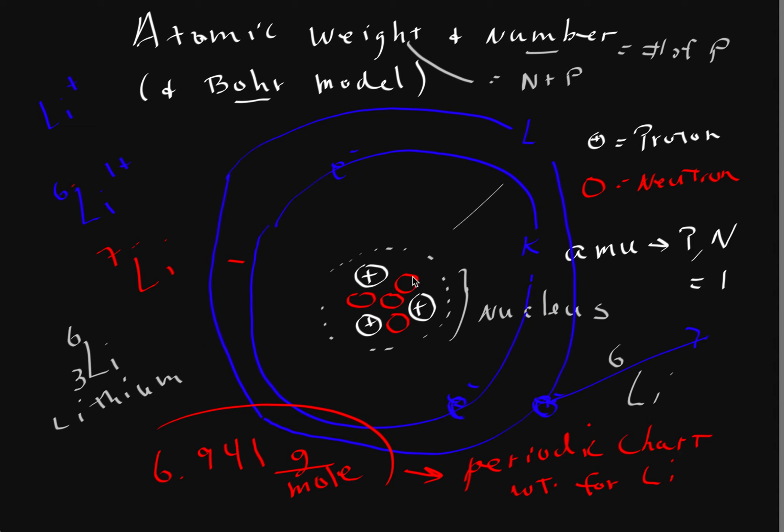For any given atom, the atomic mass unit, AMU, comes in whole numbers. So we have a whole number 6 or a whole number 7, and I'm sure all of you have already guessed the answer. What this number is telling us is that most lithium in nature is lithium 7, but there's a little bit of lithium 6, enough that it brings down the natural weight of lithium a little bit.